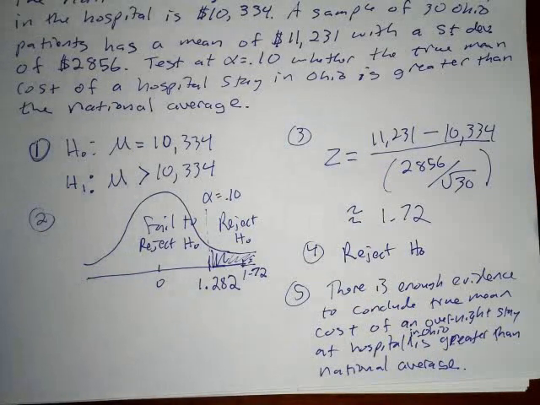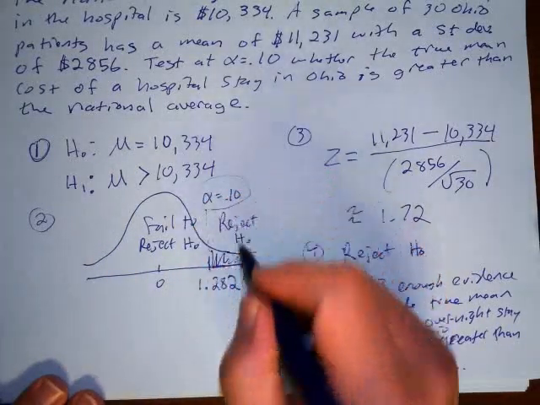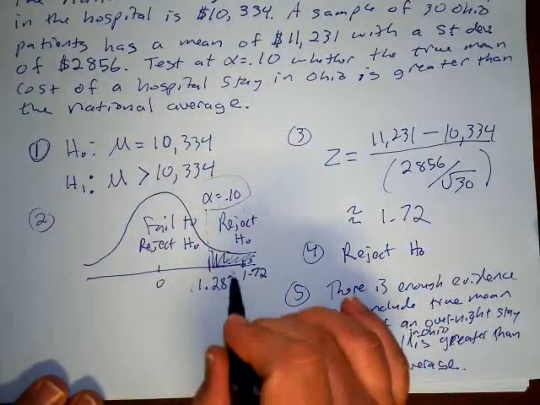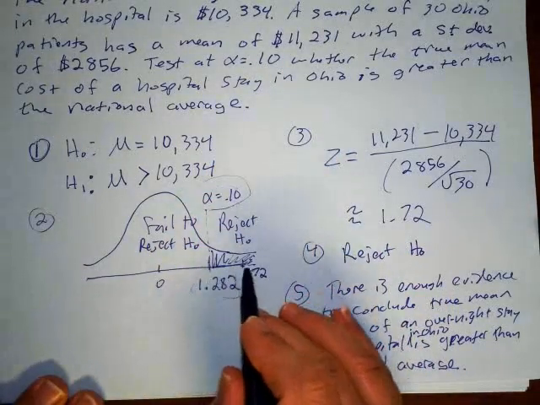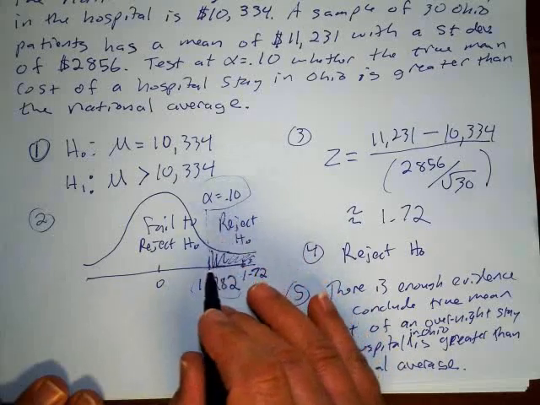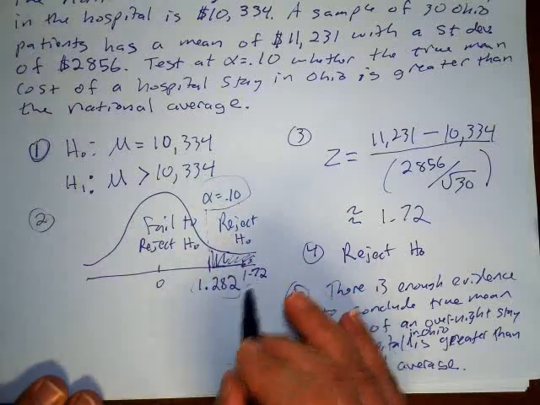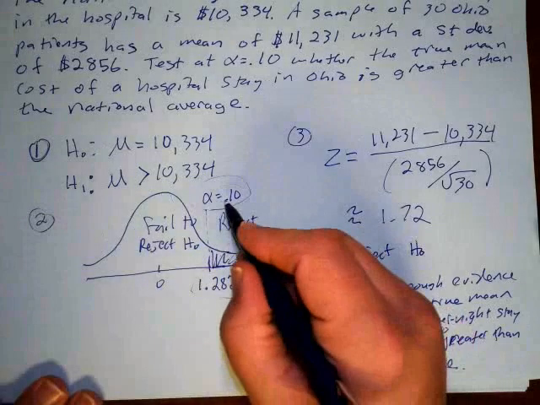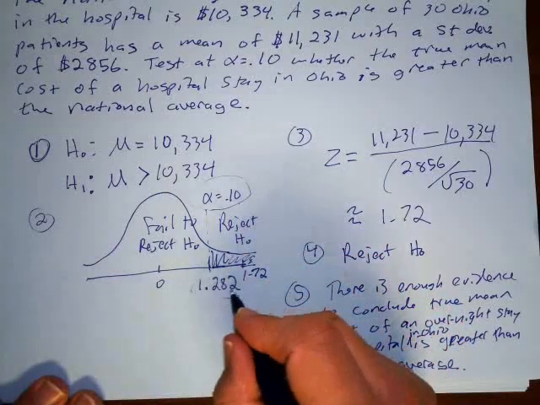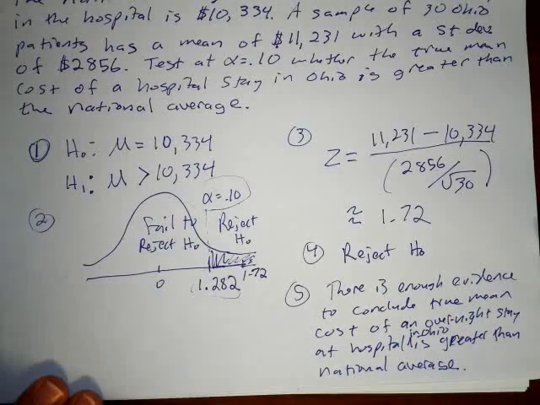One thing about this is that this is not a very small significance level, so my criteria for rejecting was not that great. It was easier for the test statistic to go past the critical value. If I had a smaller significance level, so the critical value was further out, then very likely I wouldn't have been able to reject. At the 0.01 significance level, the critical value would have been 2.326, and I would not have had enough evidence to reject.